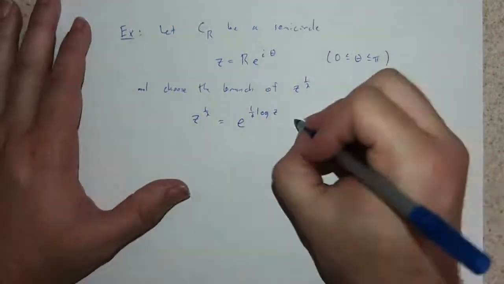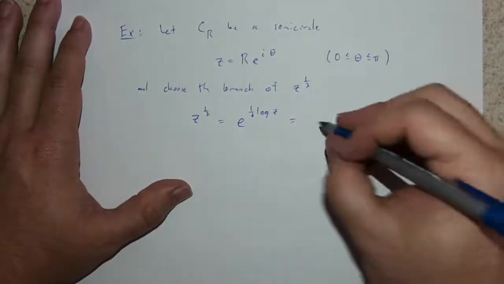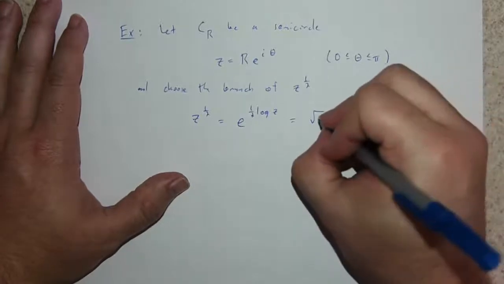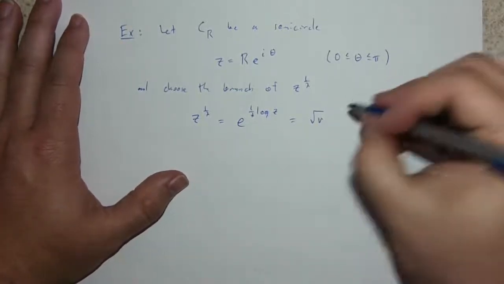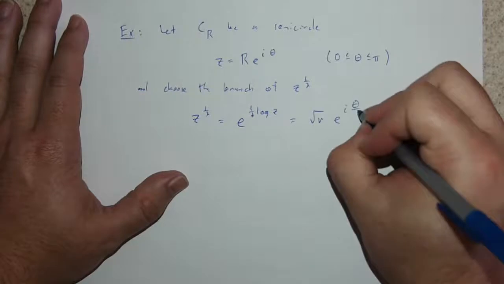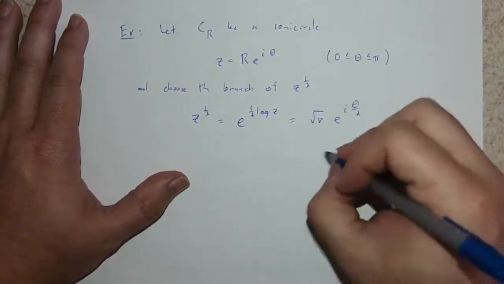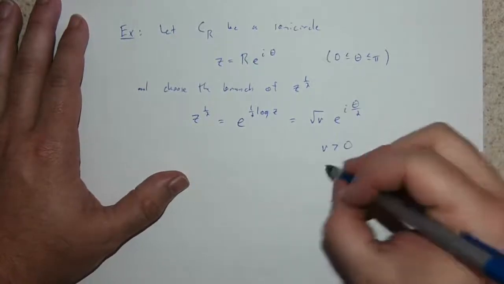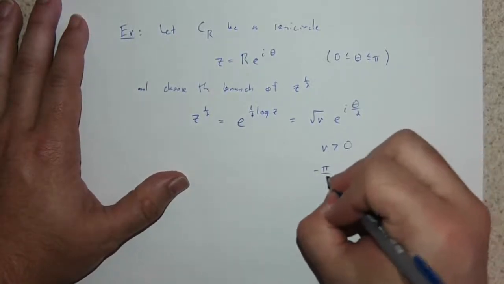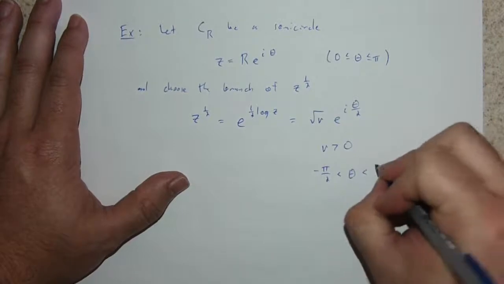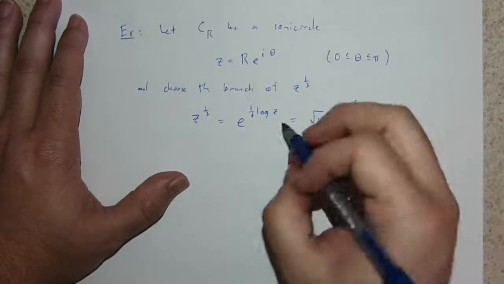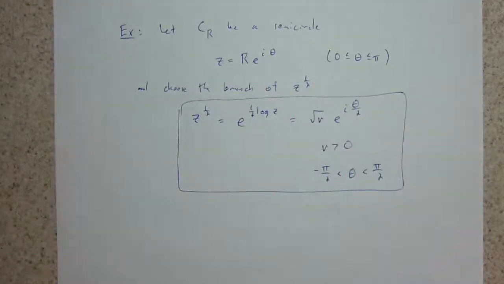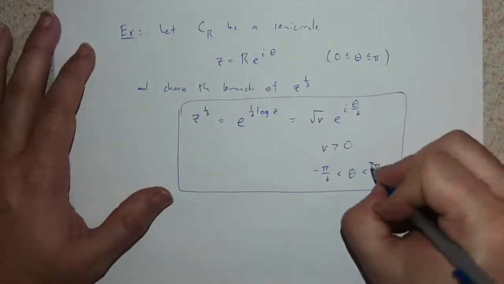That we'll write as square root of little r, e to the i theta over 2, where r is greater than 0. That's my modulus, and theta is between minus pi over 2 and pi over 2. Sorry, minus pi over 2 and 3 pi over 2. That's what I meant.